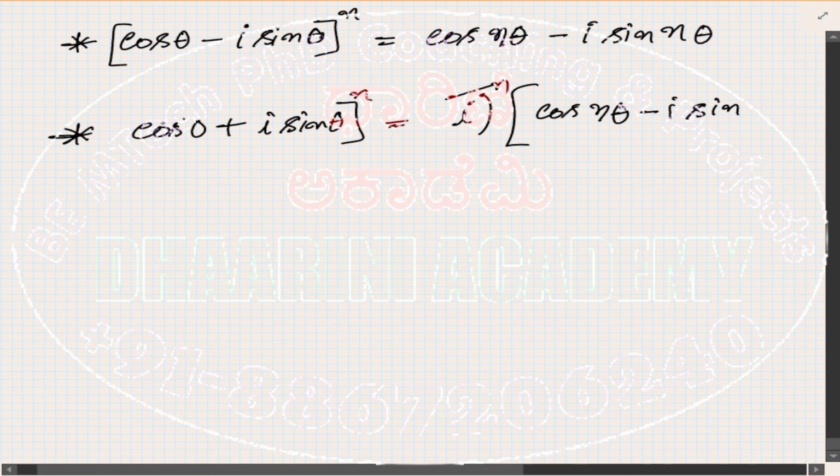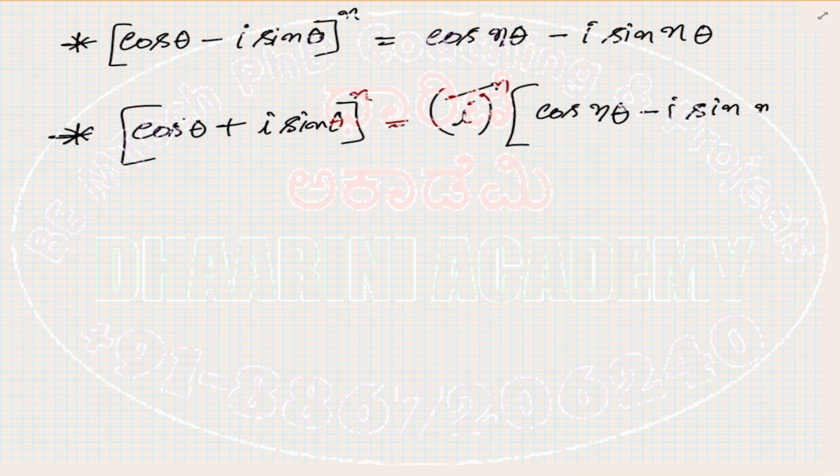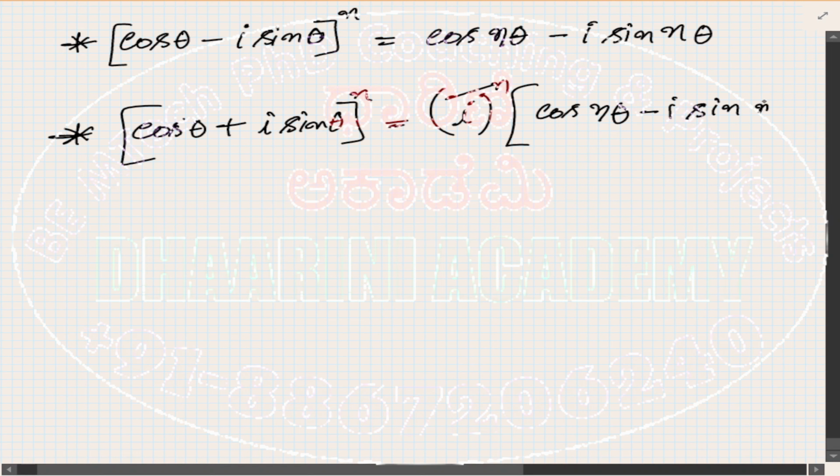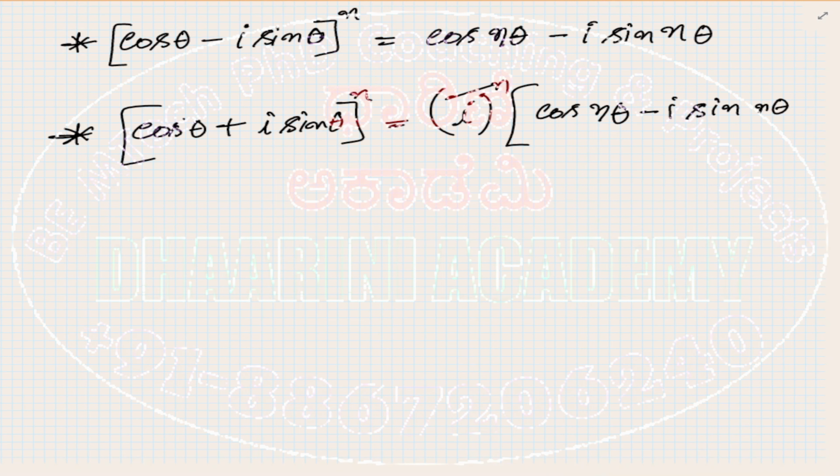So normally (cos theta plus i sin theta) to the power n is cos n theta plus i sin n theta. This is the alternative option, that is to write i to the power n into (cos n theta minus i sin n theta). That's the second alternative format of this.